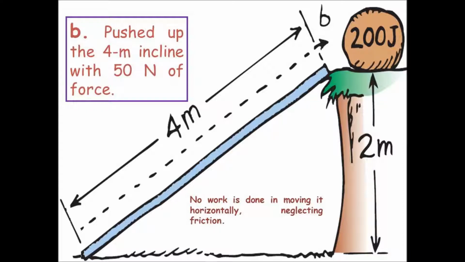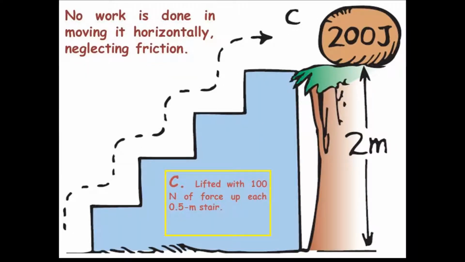Now, if I use stairs instead, no work is done in moving it horizontally, neglecting friction, because with an inclined plane we're really talking about gravitational potential. So lifted with 100 newtons of force up each 0.5 meter stair, it's going to be the same.